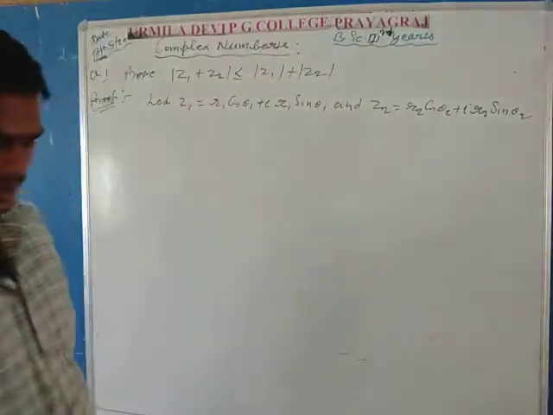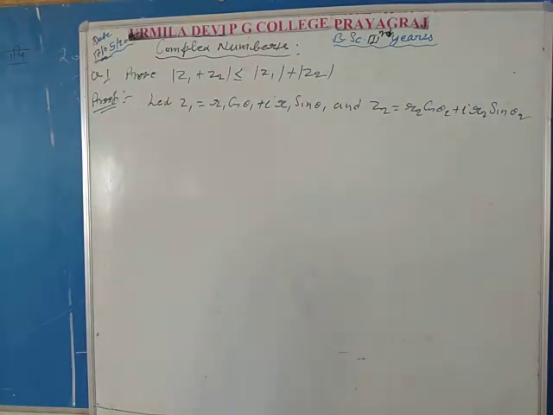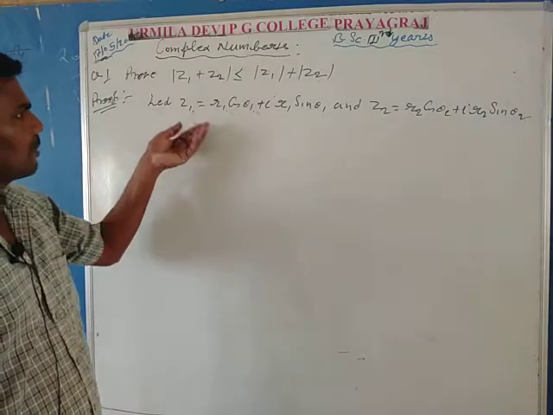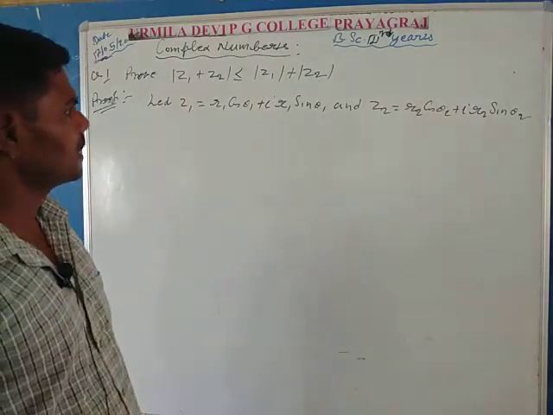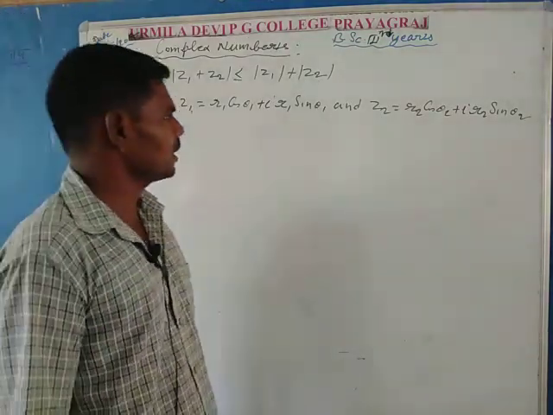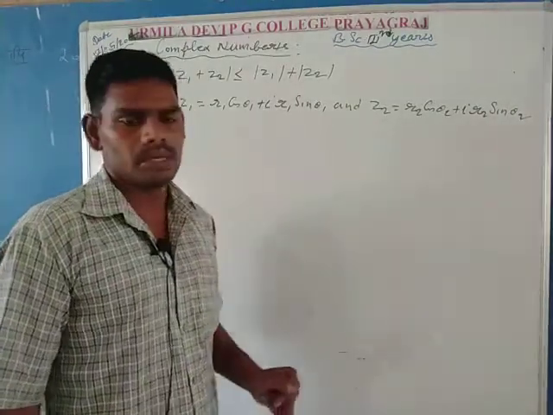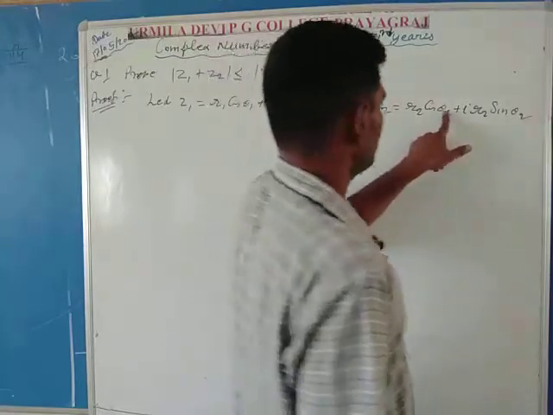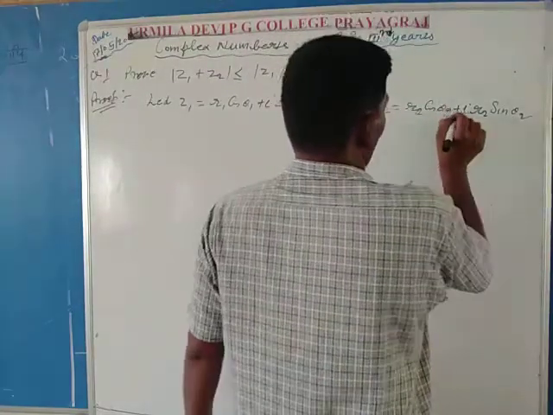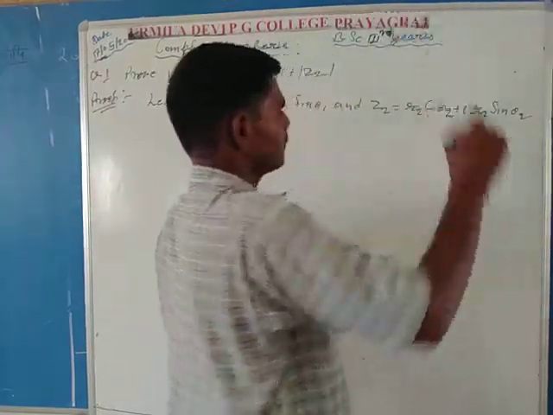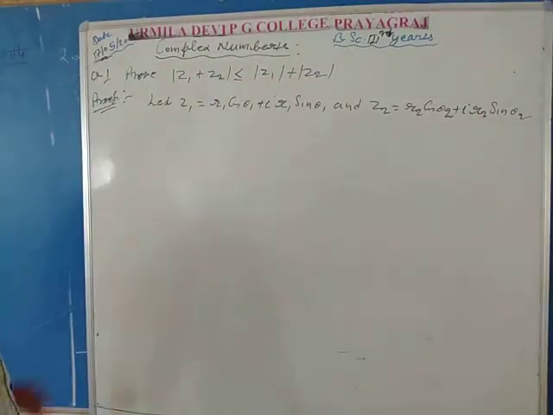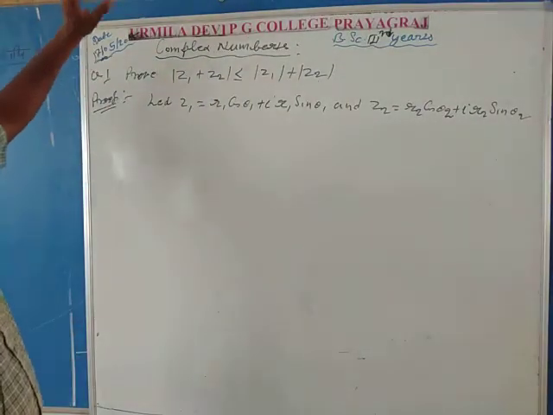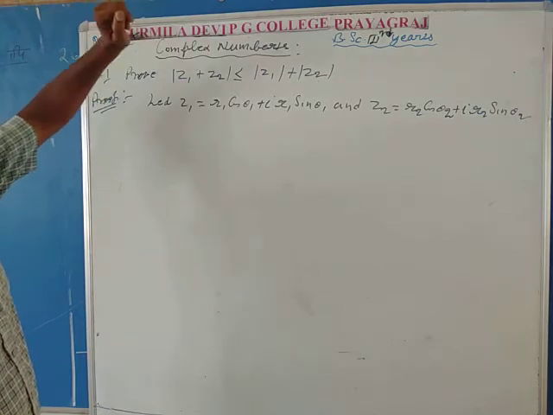Here we are supposing the points of the complex numbers. Suppose the first complex number Z1 is equal to R1 cos theta 1 plus I times R1 sin theta 1, and the second complex number Z2 is equal to R2 cos theta 2 plus I times R2 sin theta 2. First, find the value of Z1 plus Z2.